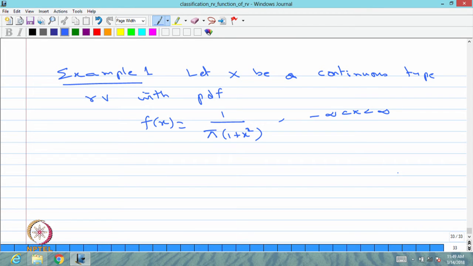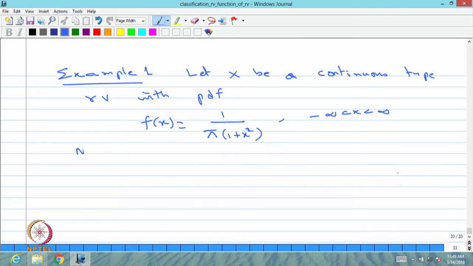You can verify whether this is a correct probability density function by integrating f of x from minus infinity to plus infinity. You will get the value 1. This is greater than or equal to 0, therefore it is a probability density function of a continuous type random variable.